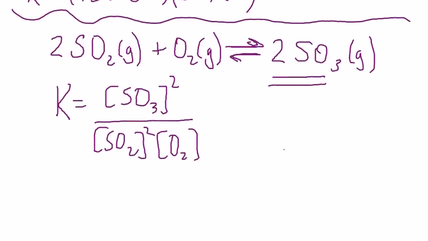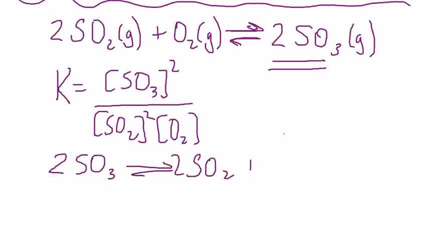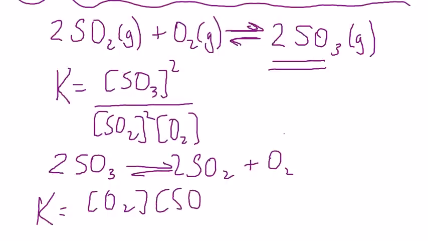If we had written this in the other direction, and we had called SO3 the reactant, and SO2 and O2 the products, we would have written K as O2 times SO2 squared divided by SO3 squared.